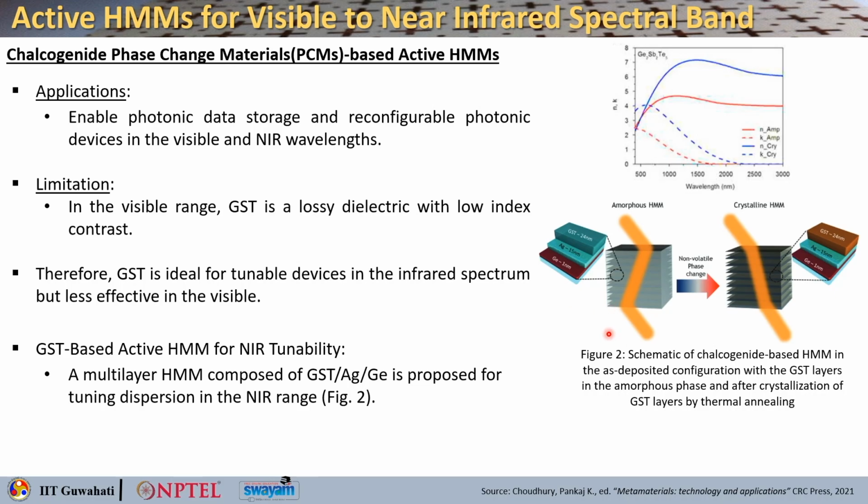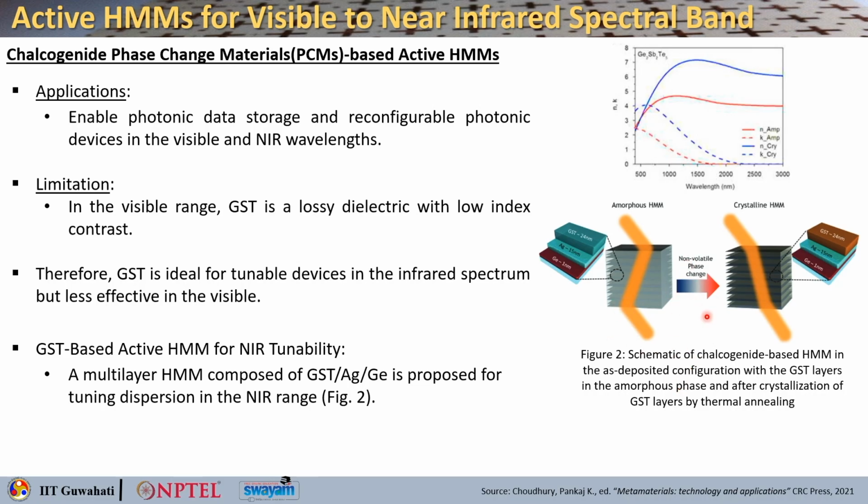What happens in this case is that different layers of this material are considered. Here you can see in the amorphous phase of GST, the overall structure, which is a multi-layer of this particular stack, is behaving like a hyperbolic metamaterial, and that is showing you negative refraction.